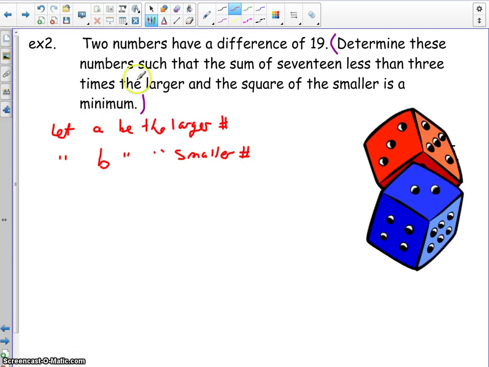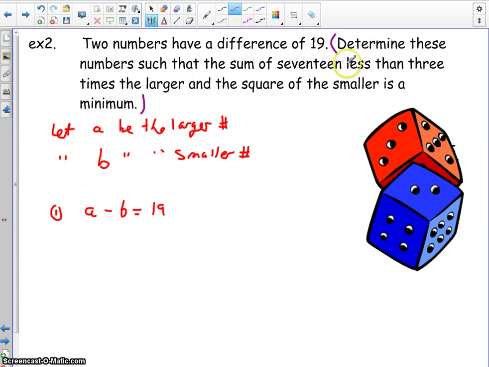Okay, and what we know is that two numbers have a difference of 19, so I'll start you guys off here and say the larger number minus a smaller number, so A minus B, is going to be equal to 19. Okay, that doesn't help us create a quadratic equation to solve, because we're trying to minimize something.